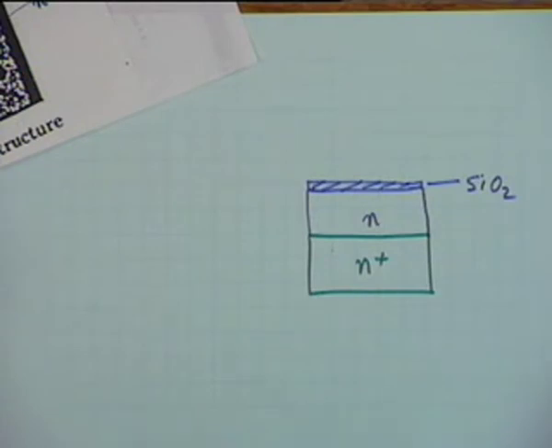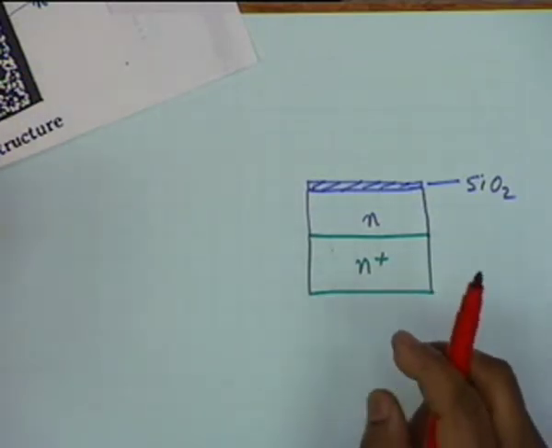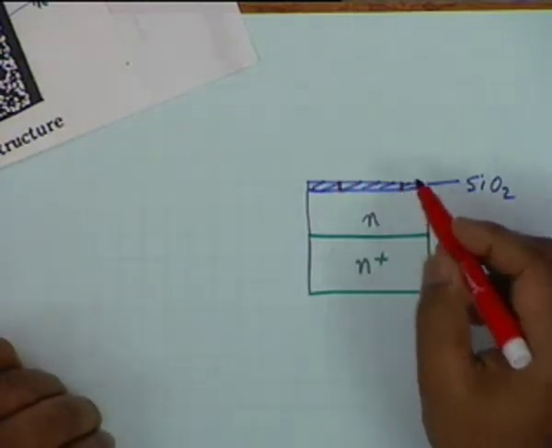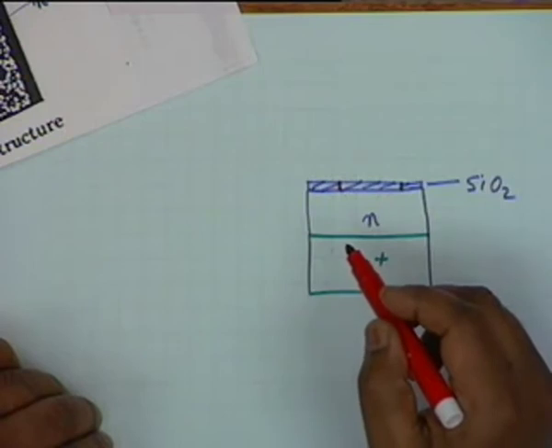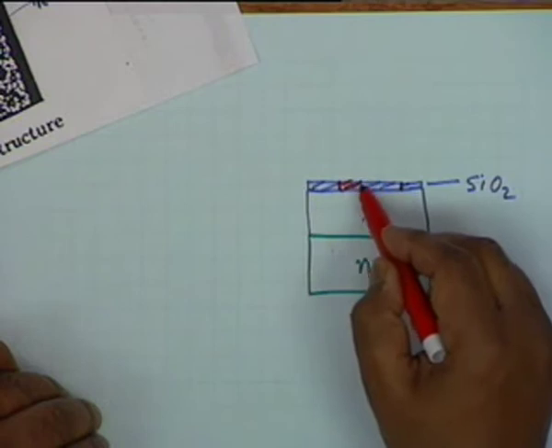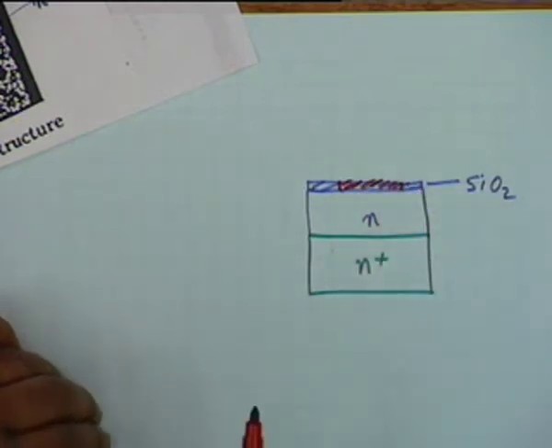Then you make selective etching. That means you make a mask with a window, and pass chlorine or some other etching agent so that this dioxide disappears, all right.